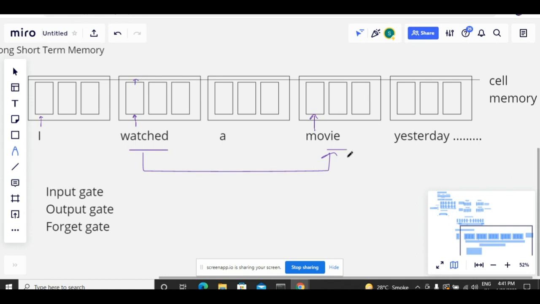So in this way, all the important words are actually stored in the memory, and whenever a relationship is established with another word, then we forget that word using the forget gate. So guys, I hope you're clear with the concept of input gate and the forget gate.